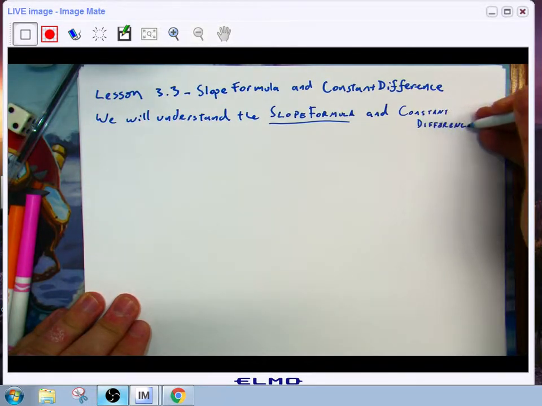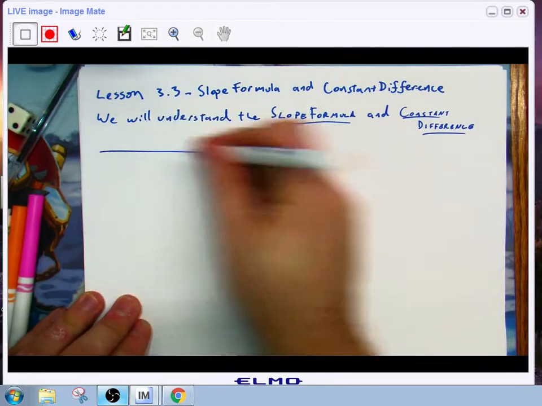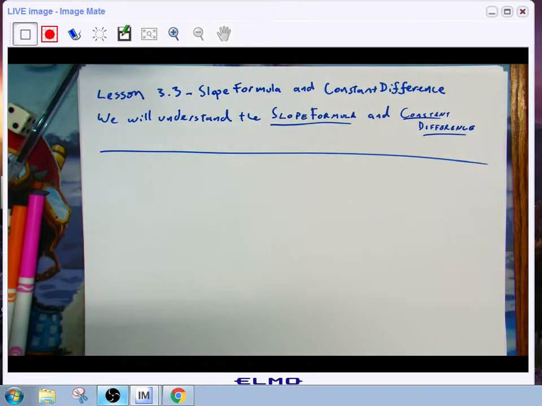And if you miss it, it's up on the board still. Okay? So this is what we're trying to get through today. We'll know we had a good lesson if by the end of it we can say, okay, I get what slope formula is, I get what constant difference is.